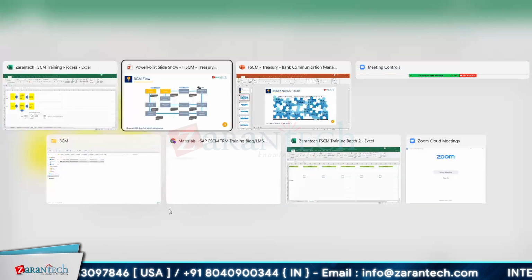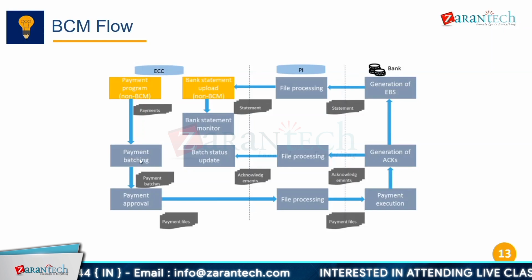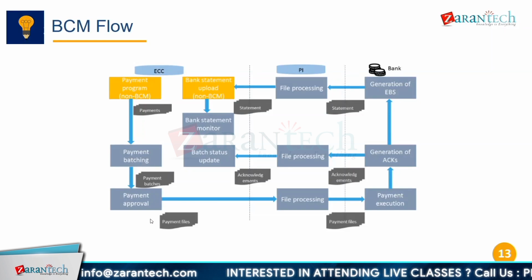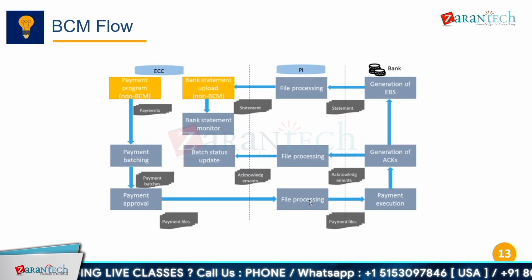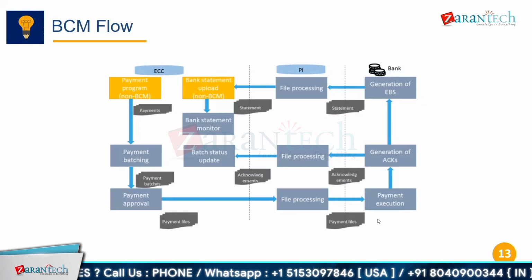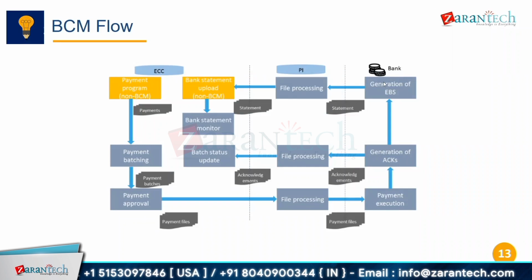That's why, once you process the payment, there will be payment batching and then it will get approved. Once it is approved, the file will be processed, and then the final file will go to the bank.